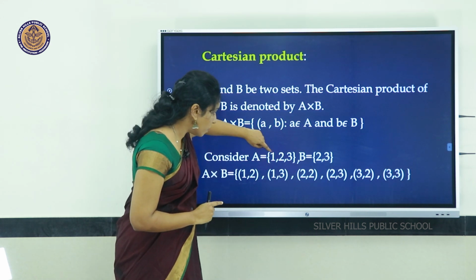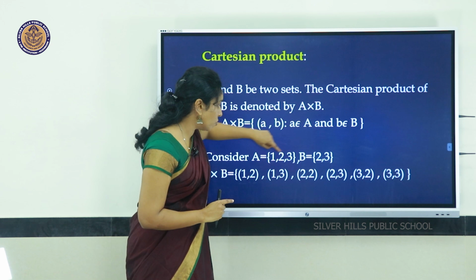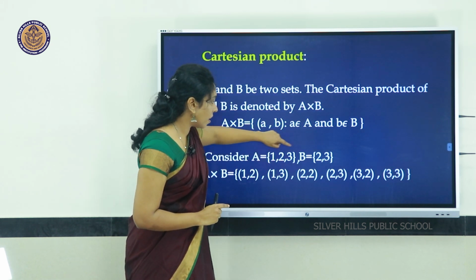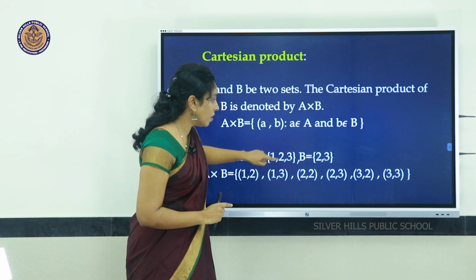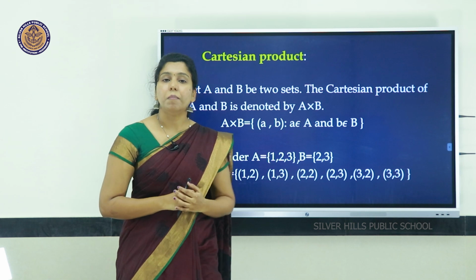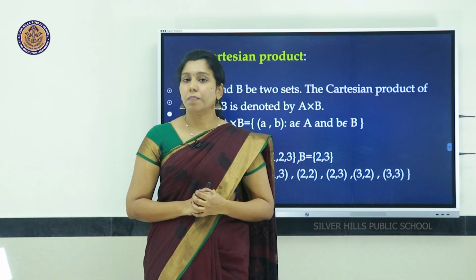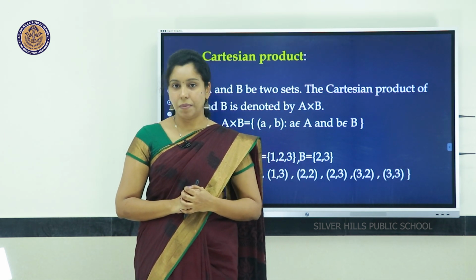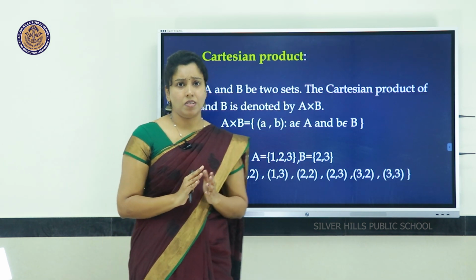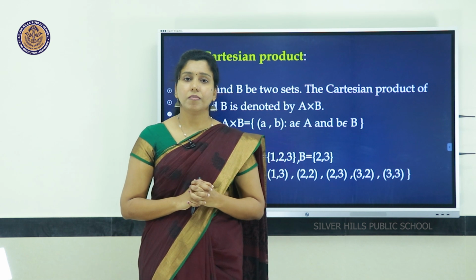So we start with 1. 1 is paired with 2, 1 with 3, that is (1, 2), (1, 3). Then comes 2: (2, 2), (2, 3), then (3, 2), (3, 3). So these are the members of the Cartesian product of A and B, and we denote it as A cross B.